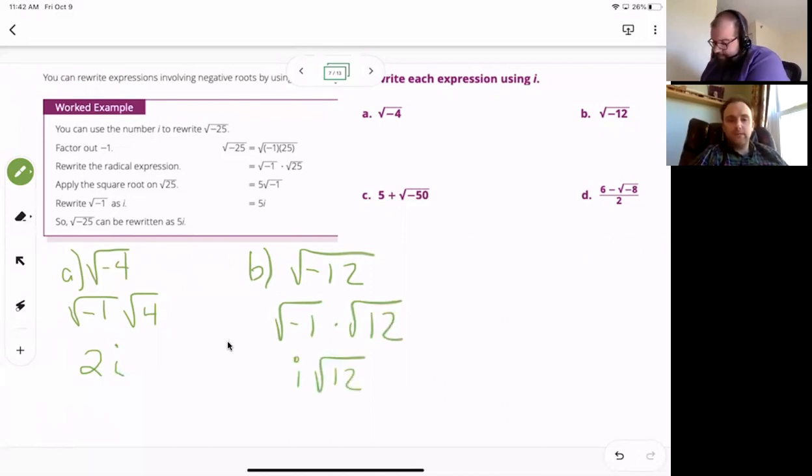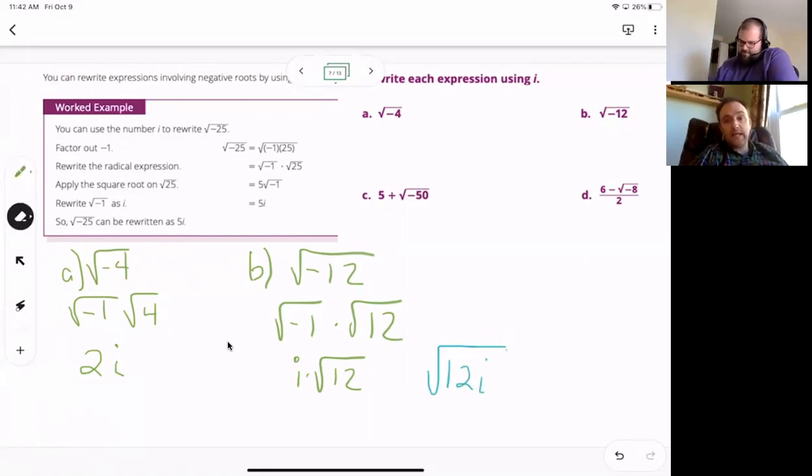Now, notice his order is different than mine. The only reason he wrote it that way, because it doesn't matter, is because if he had written the square root of 12i, some of us are lazy with our square roots, and it might look like we're putting the square root over the i, and that's a different number. You would never do that, Mr. Butterworth.